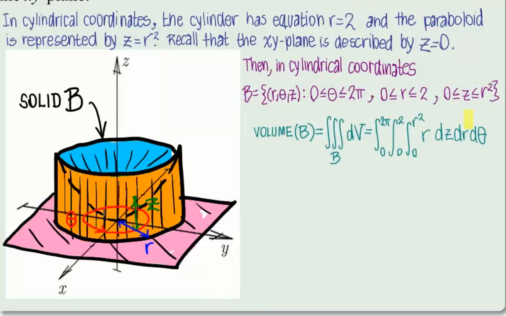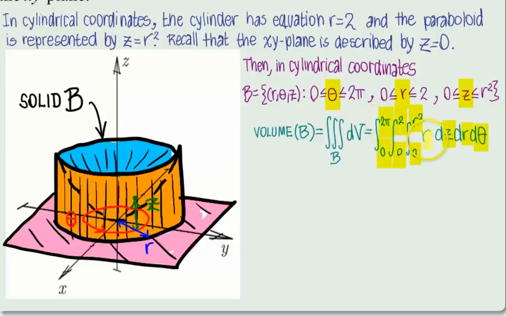Once you have this particular set representation of the solid, then setting up the integral is pretty easy. Just take the triple integral dV, and then we integrate first with respect to z, so z goes from 0 to r squared. Then we can integrate with respect to r or with respect to theta, it doesn't matter which. Let's say we integrate first with respect to r, so we go from 0 to 2, and then we integrate with respect to theta, and theta will go from 0 to 2 pi.